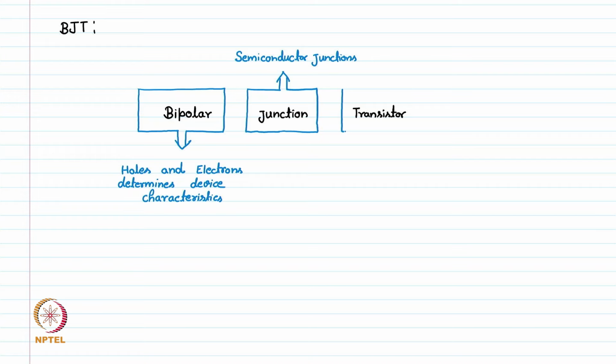And then the third word is the transistor. It means that there are three terminal devices where the third terminal controls the current between the two terminals.